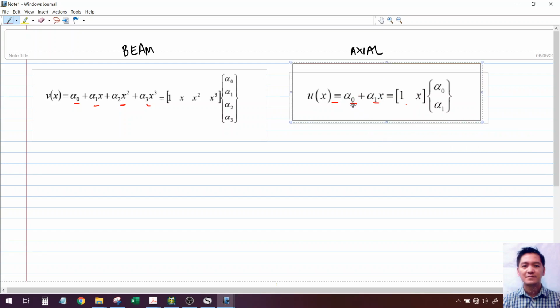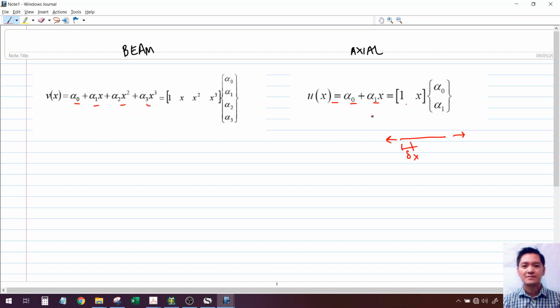Yeah, okay. So we have two unknown constants here. Kasi nga, we are assuming na we have one displacement each node. Ang assumption natin dyan ay ito yung member natin, so either tension or compression. So meron ang displacement dyan.